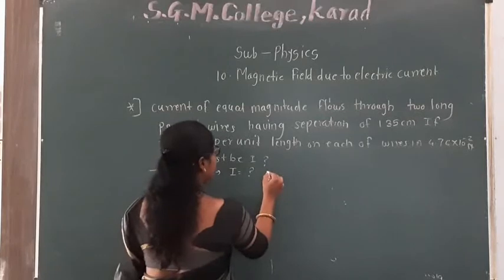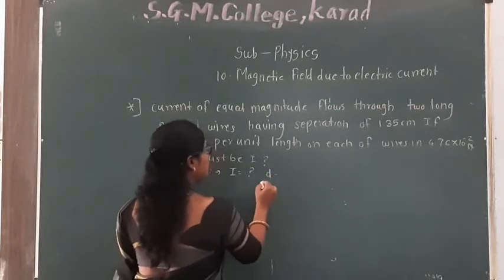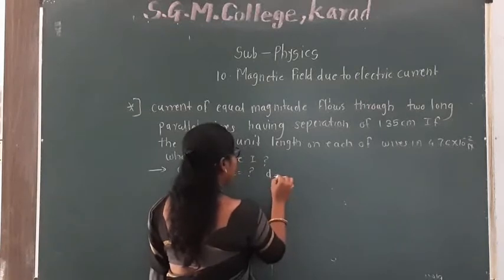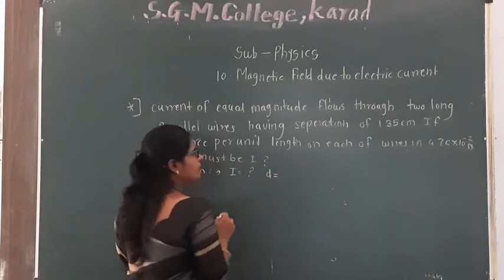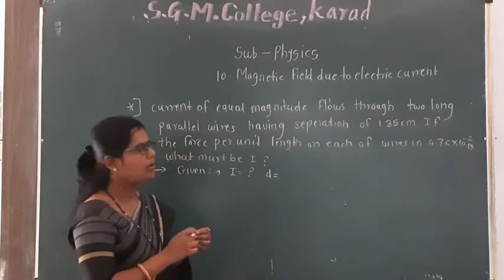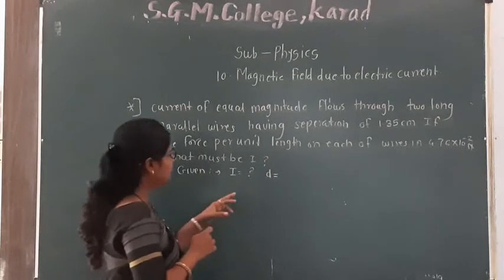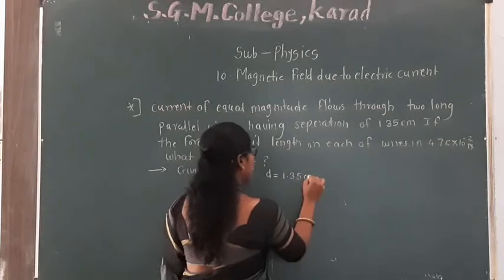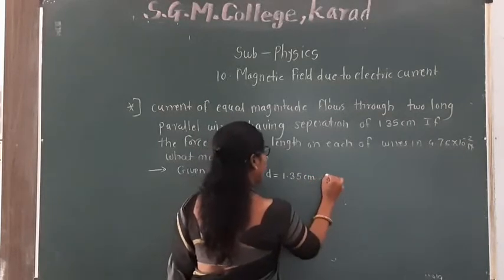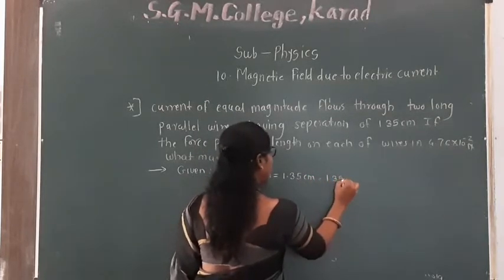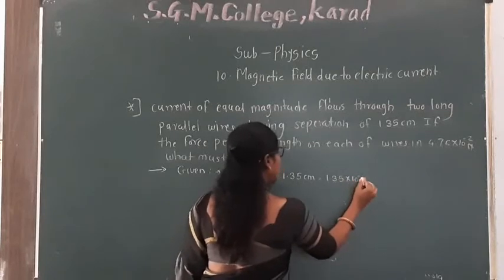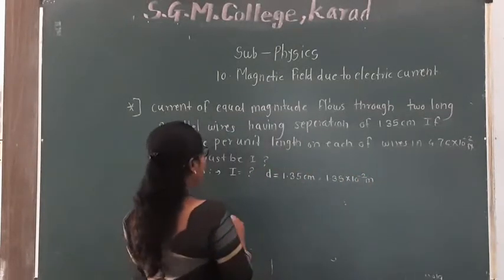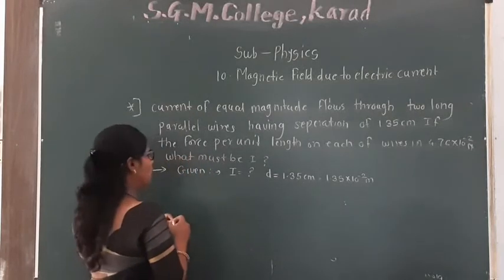Then D is given, the separation between the two parallel wires, as we learned in the expression for two parallel wires. Now convert centimeter to meter, 1.35 into 10 raised to minus 2 meter, and the force per unit length value is also given.